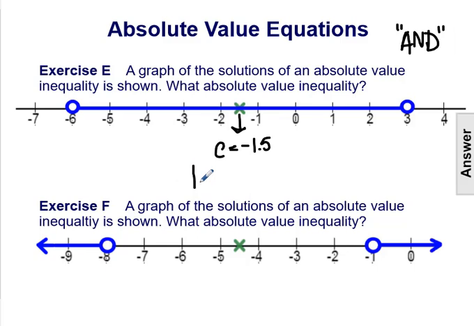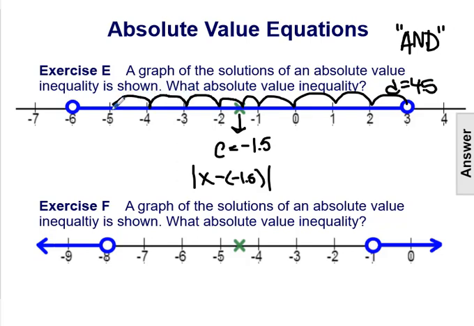So that would be the absolute value of x minus negative 1.5. Then we have a distance of 1, 2, 3, 4.5 to each endpoint. Again here, a half and 1, 2, 3, 4. So our d is 4.5.